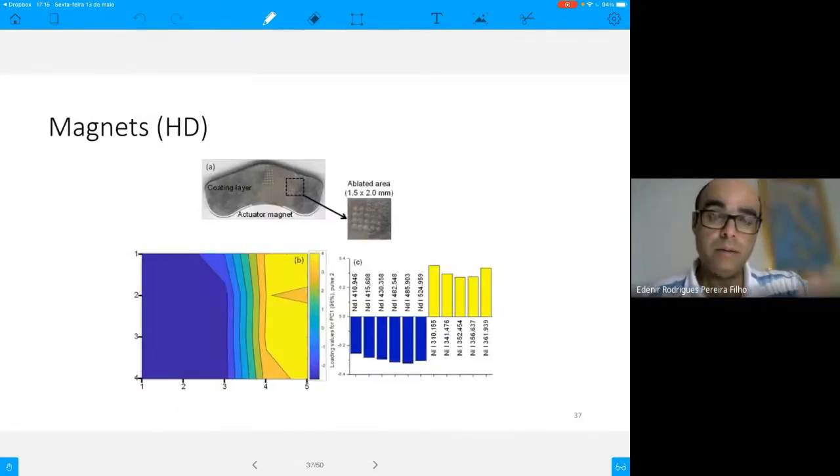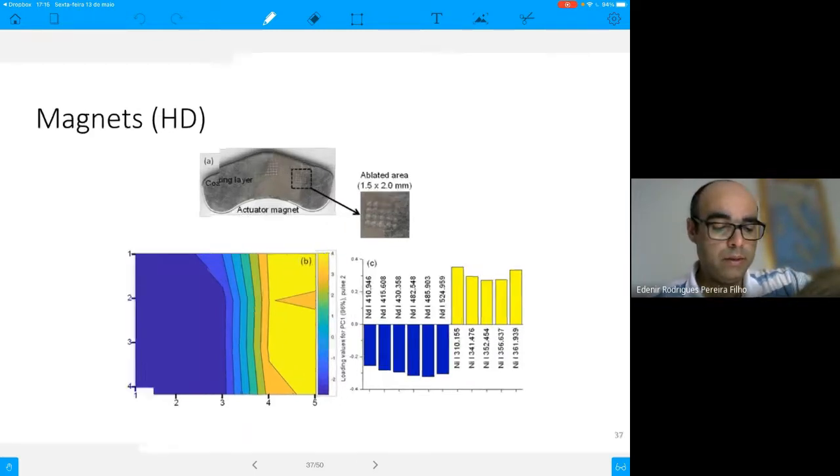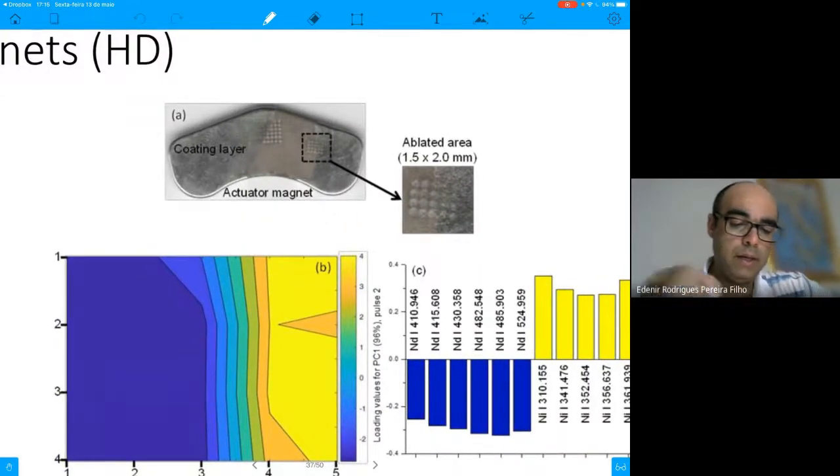We have here an example with hard drive magnets. This is the actuator magnet. And we performed, as you can see in this square, several laser pulses in this area. There is a magnification here, and the analyzed area is around 1.52 by 2 millimeters.